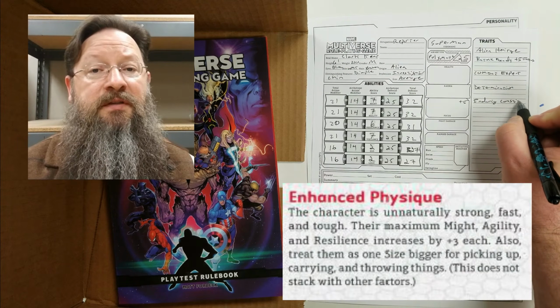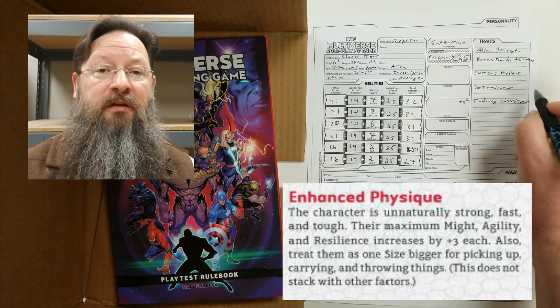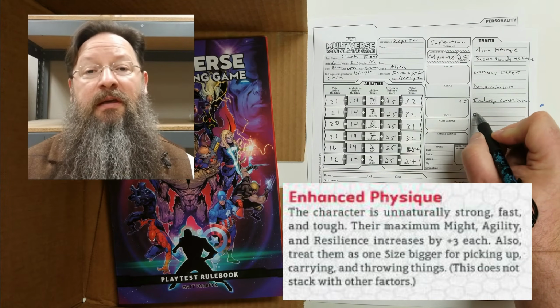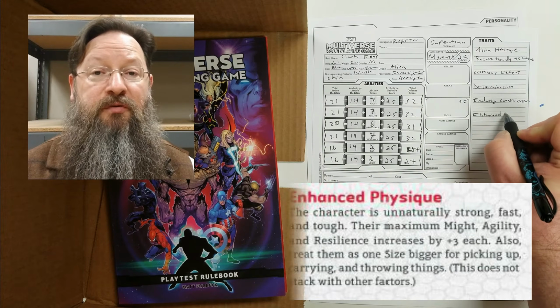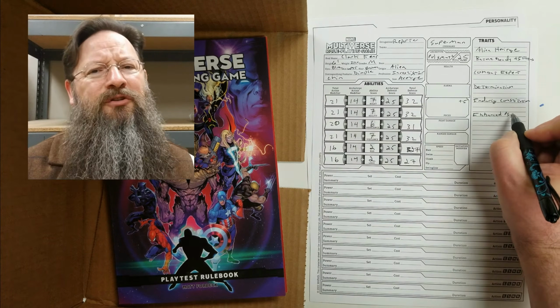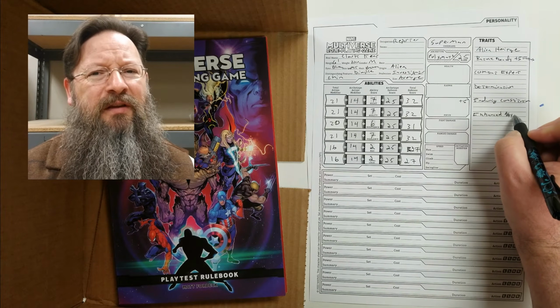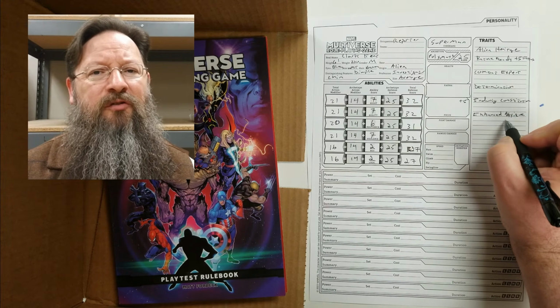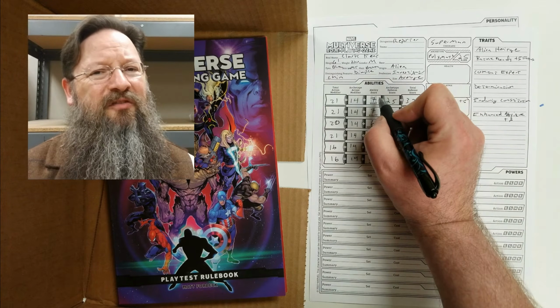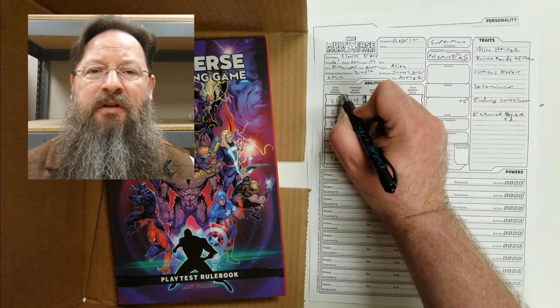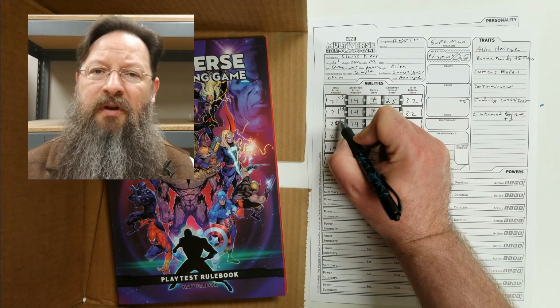Enhanced Physique is a must-have for Superman. He is unnaturally strong, giving his might, agility, and resilience an increase of +3 each. What I'm not sure of, and this doesn't really explain, is if the +3 is added to the overall ability score or to the action modifier, which I guess doesn't really matter since it's just simple addition and they'll just add up to the same number anyway.